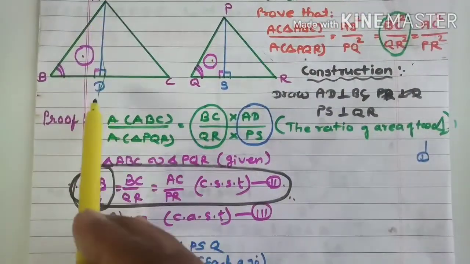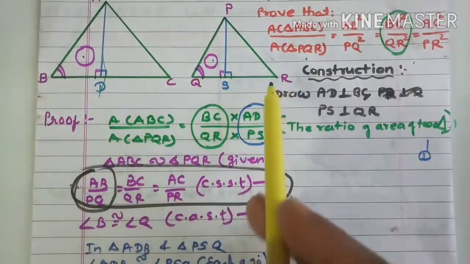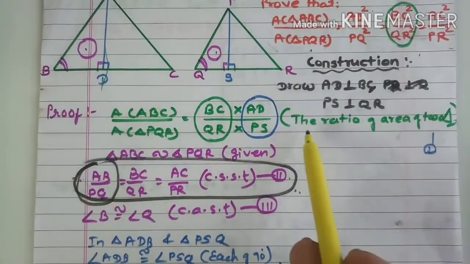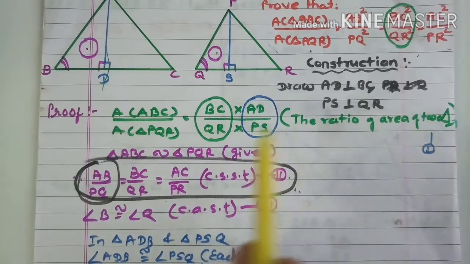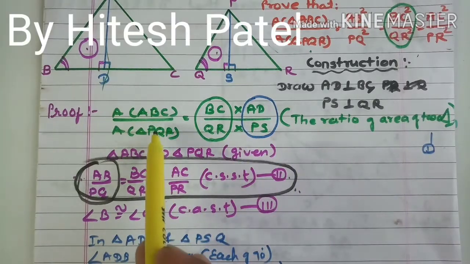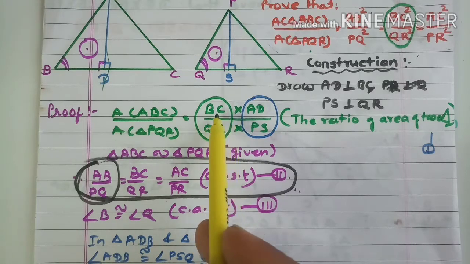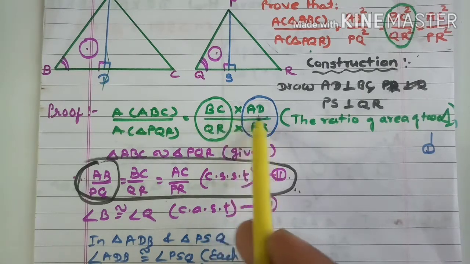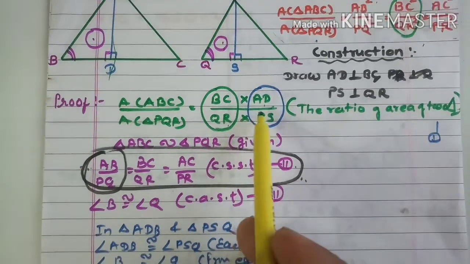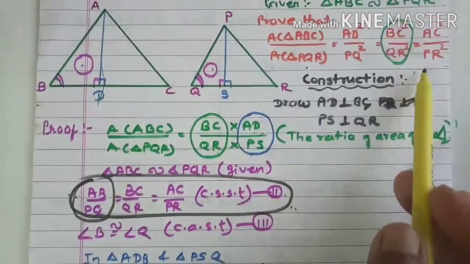Construct AD perpendicular to BC and PS perpendicular to QR, and start with what we learned: the ratio of areas of two similar triangles, the ratio of the area of a triangle is equal to the ratio of the product of base and corresponding height. Okay, now compare this with what we have to prove.